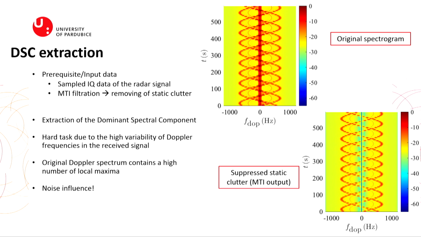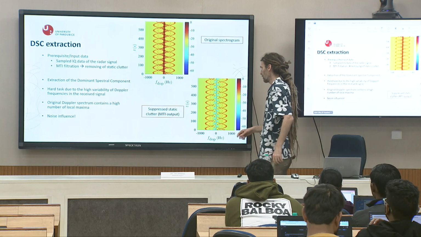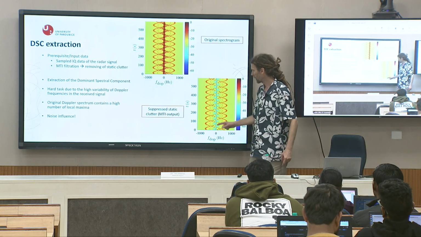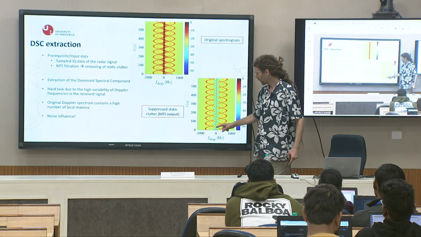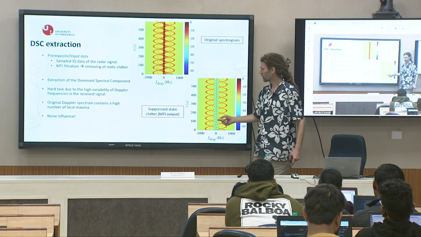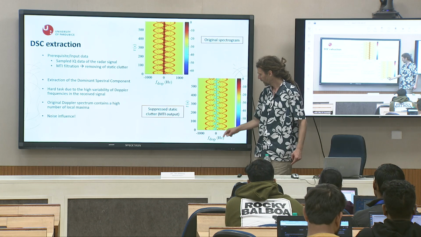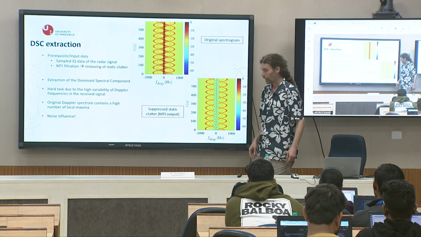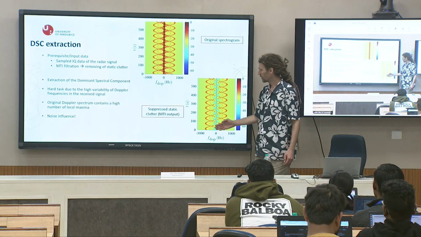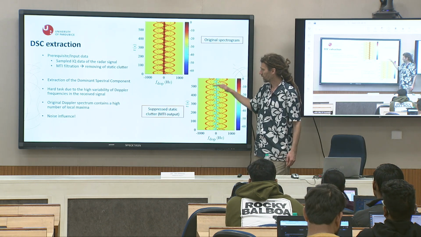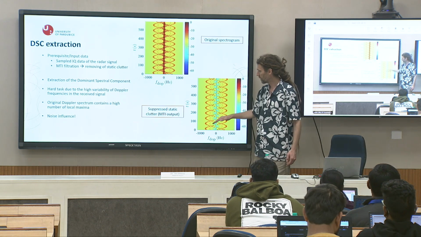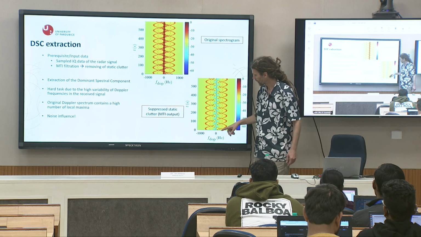First I use MTI filtration to remove static clutter. If I remove static clutter with the MTI filter, you will see that there is no static reflection, if you compare with this picture. And now I can take this signal with suppressed static clutter.